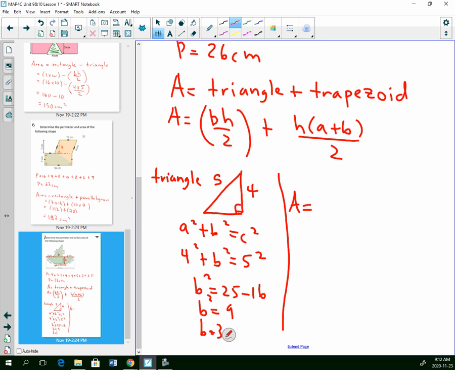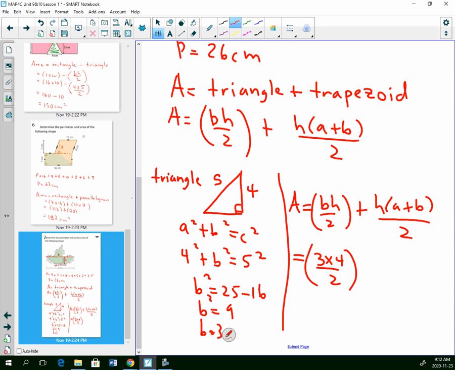So the area of the triangle, let's do the formula: base times height divided by 2. The base of the triangle is 3 and the height is 4. We figured out this side is 3 and the height is 4. They have to be perpendicular.